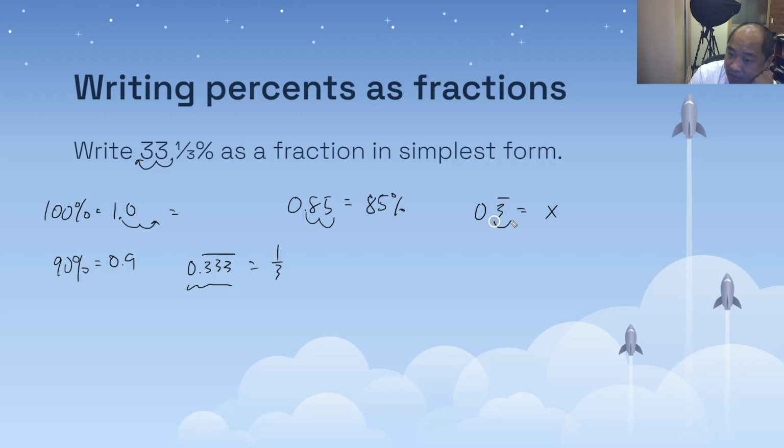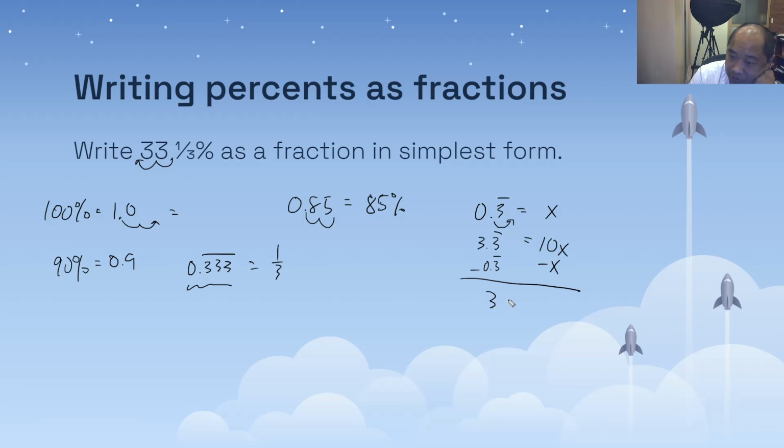One way that we can do that is by moving the decimal over, which is multiplying it by 10, which means we have to multiply this side by 10. Multiplying x by 10 is 10x. And on this side, we have 3.3 repeating. Now we can just subtract 0.3 repeating from both sides, which is x, right? Because 0.3 is equal to x.